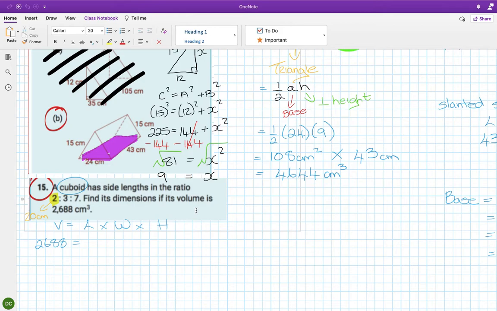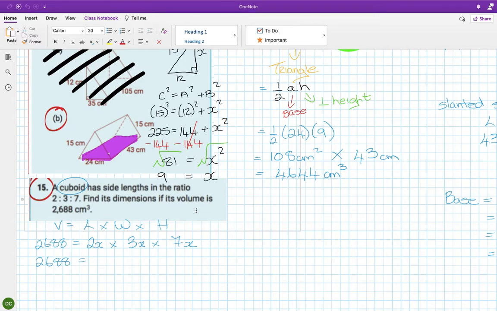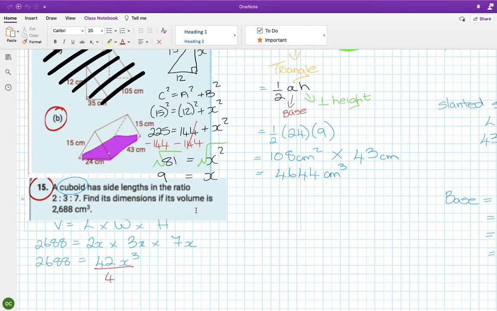So they're all multiples of some number. So if I just let x be the number, it becomes 2x by 3x by 7x. I think this will work. So then I have 2688 equals 2 by 3 by 7 is 42, and then x by x by x is x cubed. I'm going to divide by the 42. Hope this works.